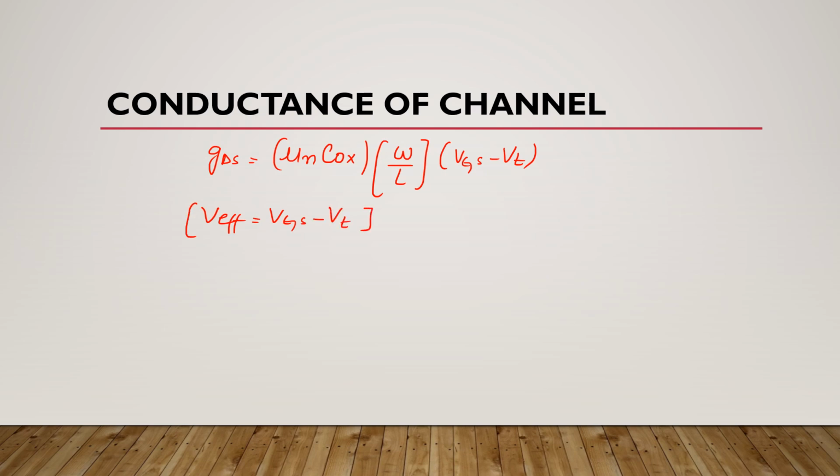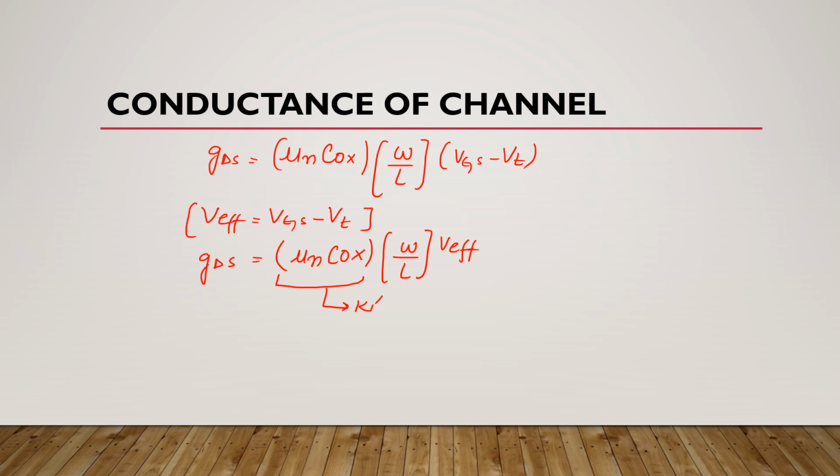So now this equation of conductance becomes mobility of electrons multiplied by capacitance of oxide layer, and here we have transistor aspect ratio, and now here we have effective voltage. We know that this term is process transconductance parameter.